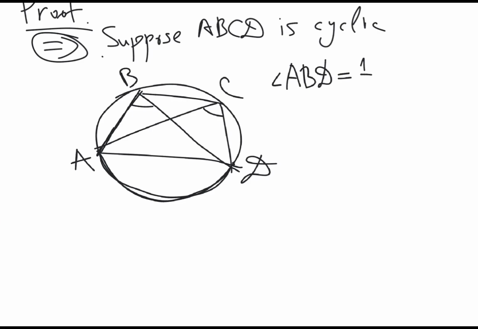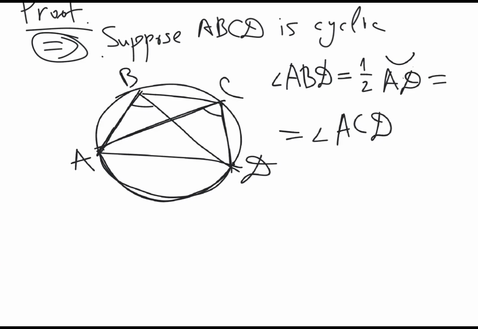So it's equal to 1/2 of the arc AD. And the same is true for the angle ACD. It's an inscribed angle that subtends the same arc. We know that all inscribed angles subtending the same arc are all equal to each other.